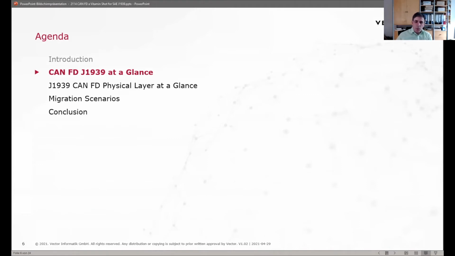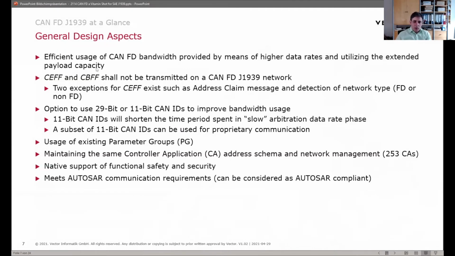To give you a little bit more insight, I would like to walk through CAN J1939-FD at a glance. And so the general design aspects, and I guess I've heard a couple of them already within Thilo's presentation. So the idea here is really the efficient usage of the CAN FD bandwidth, and therefore we are really going to use the larger frames.